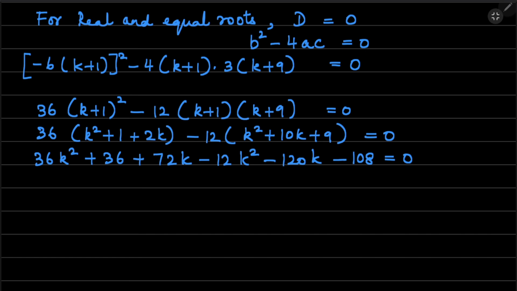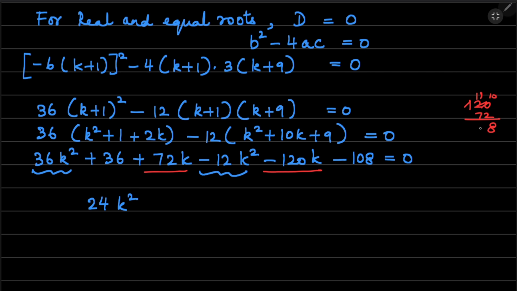Now you can just solve for like terms. So first is 36k square minus 12k square. So 6 minus 2 is 4, 3 minus 1 is 2, right? 24k square. And then the k terms. Where are the k terms? 72k minus 120k.